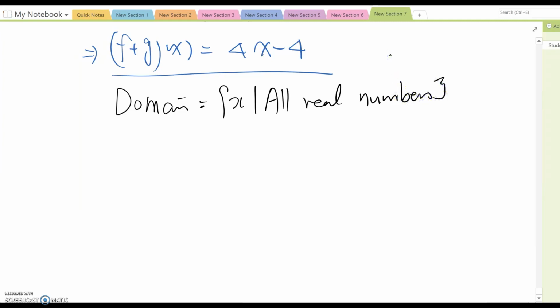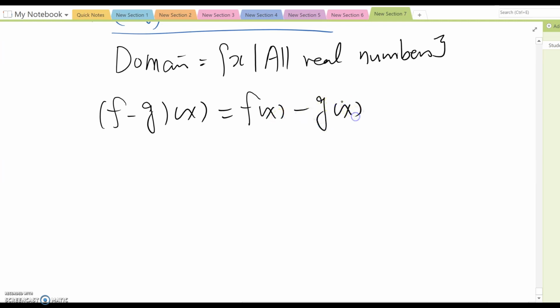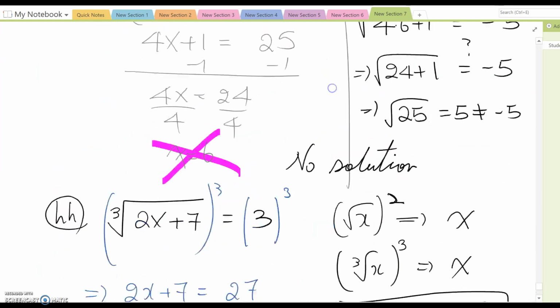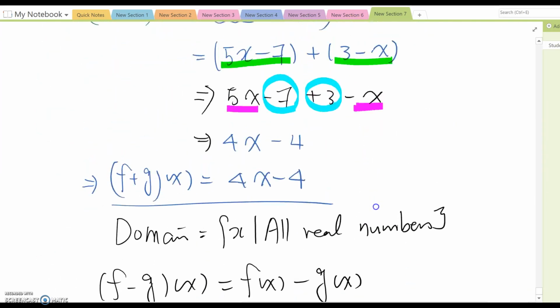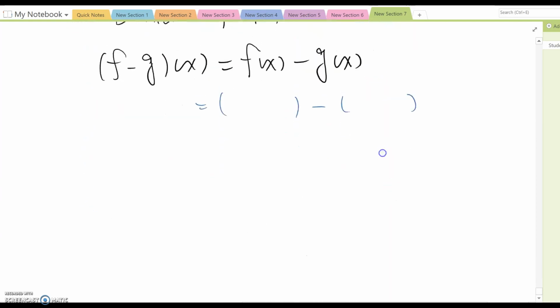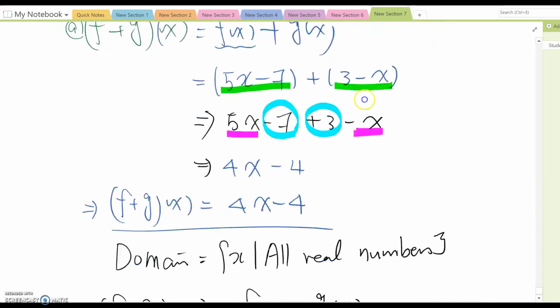Okay, look at the second one, (f minus g)(x). Now you notice that this will be f(x) minus g(x). Same thing, so I'm going to put this into parentheses. f(x) is (5x minus 7) and then g(x) is (3 minus x).